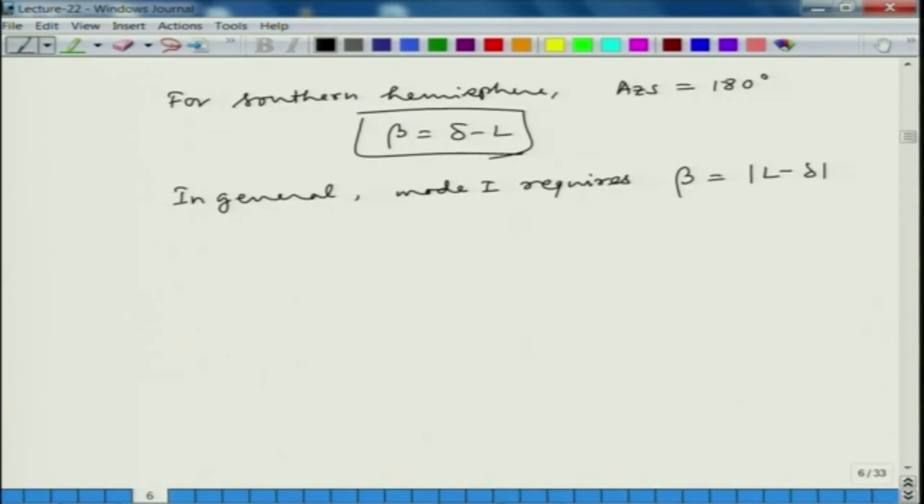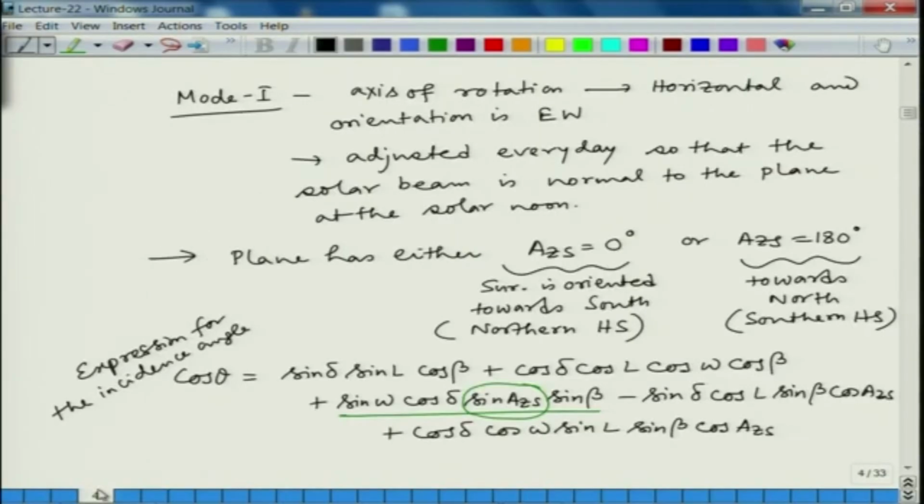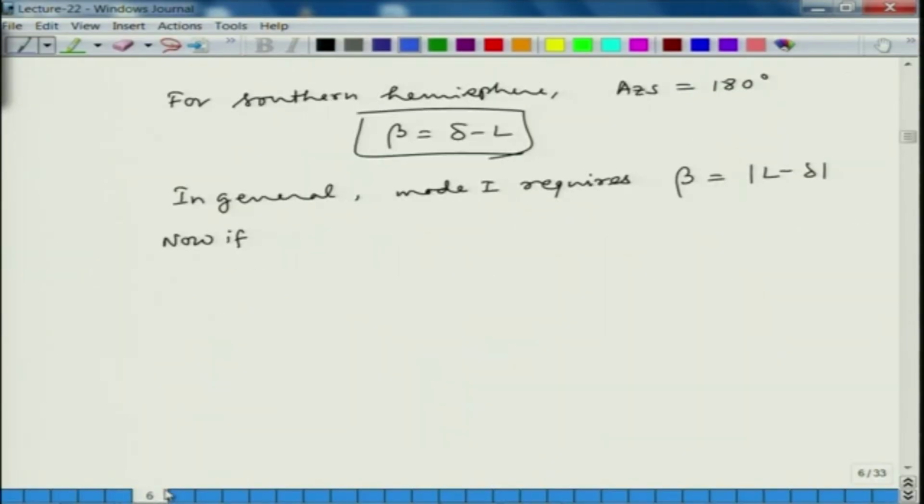Okay. Now, in this expression you now know what these betas are for that mode 1 orientation. So, you can replace this beta there and find an expression for cos theta.